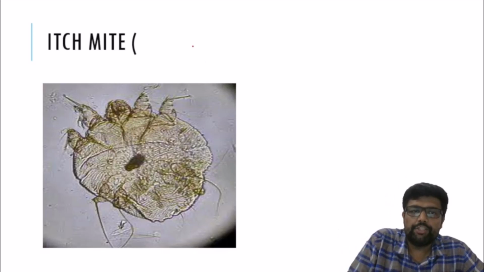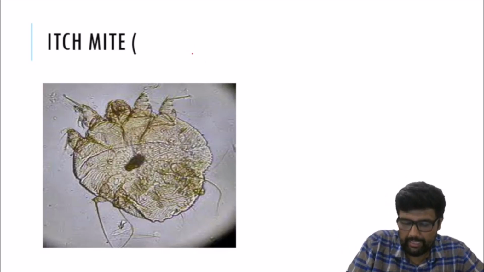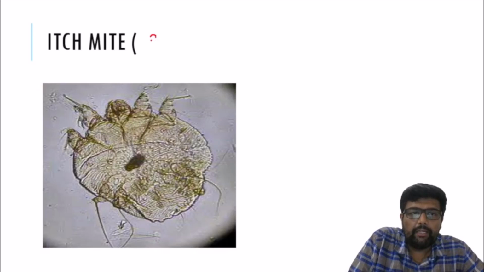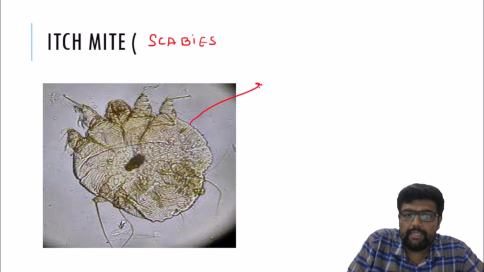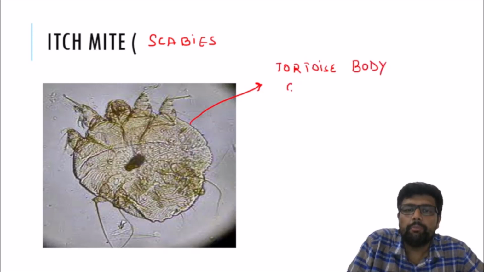This is itch mite. It causes scabies. This insect has a tortoise shaped body, with multiple folds.